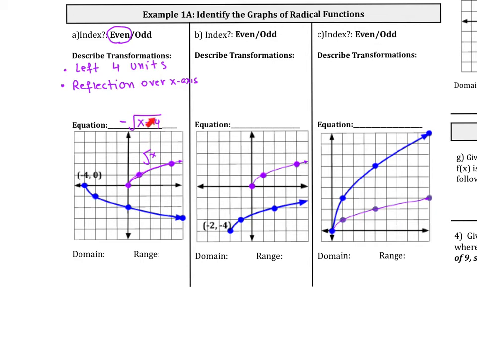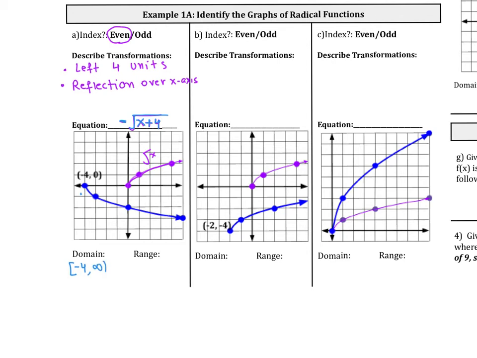This plus 4 means it's moved 4 units to the left, and this negative means that this was upward and now this is downward. So I should write it in blue because it's a blue function: negative square root of x plus 4. Now we're going to write down the domain and range of the new blue function. It starts from x equals -4 and goes to positive infinity.